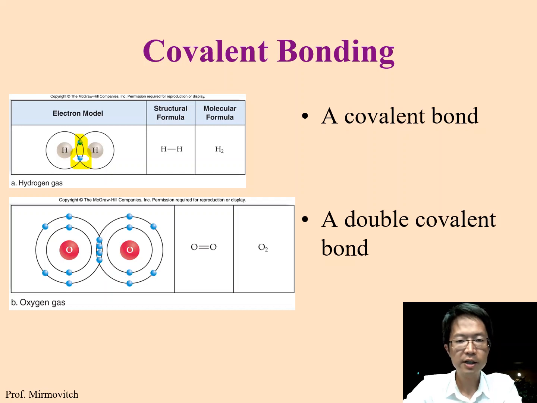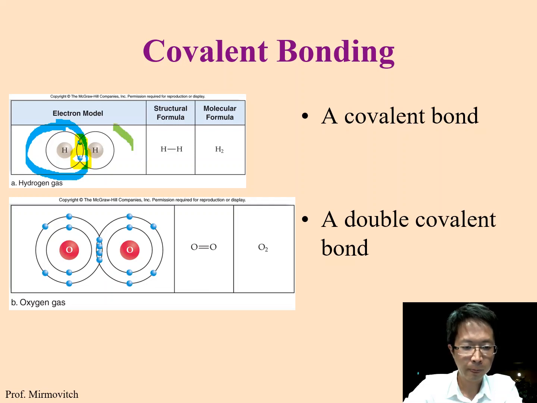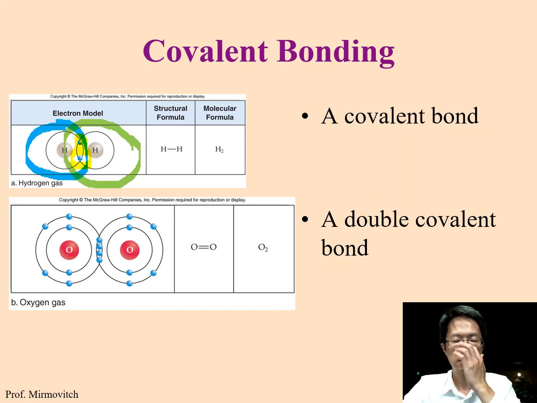They share their only electron with each other, so that each hydrogen atom appears to have two electrons because they're sharing. So this is a covalent bond.